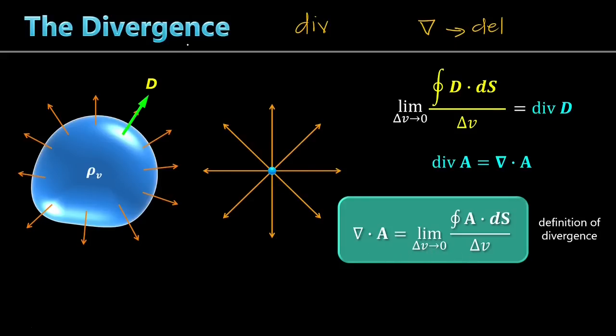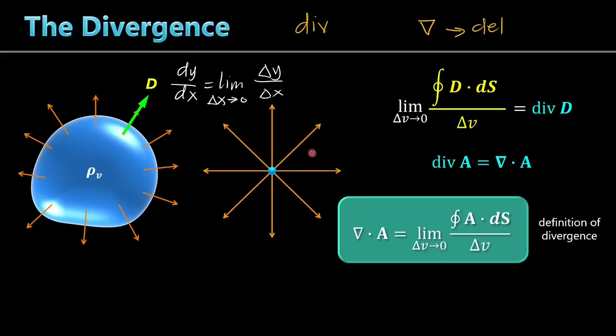For analogy, let us recall the definition of the derivative of the function y with respect to x. So dy over dx is defined as the limit of delta y over delta x as delta x approaches zero. In the same way, this divergence, which is a vector operation, del dot A is defined as the limit of this quantity divided by delta V as delta V approaches zero.